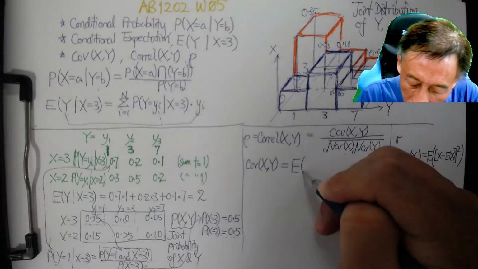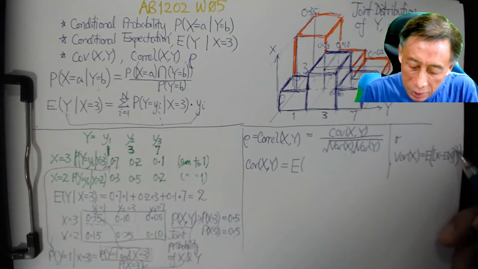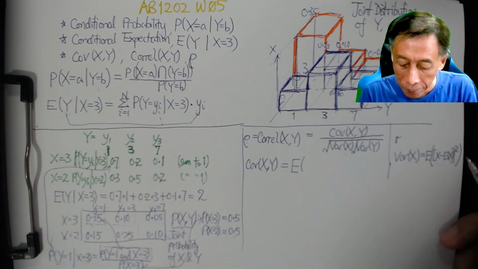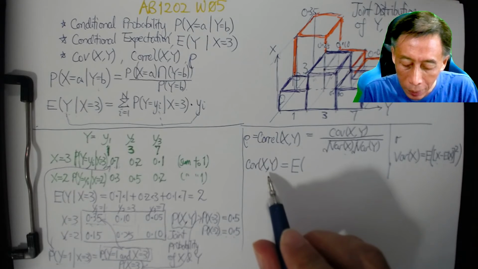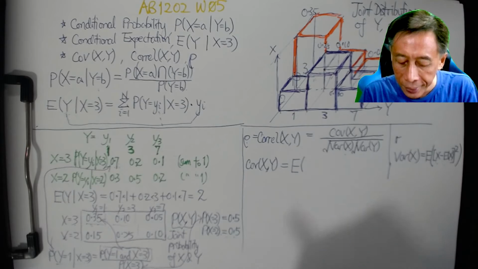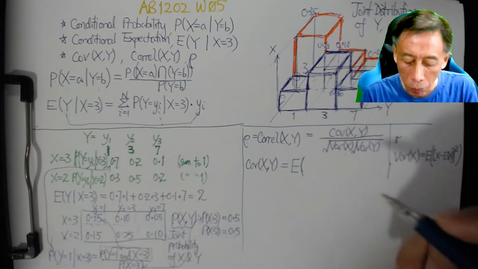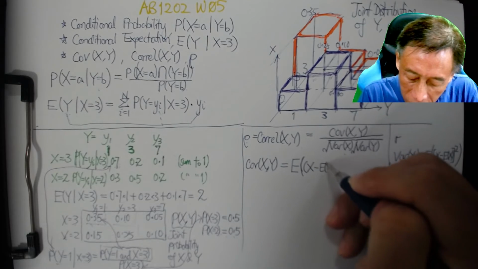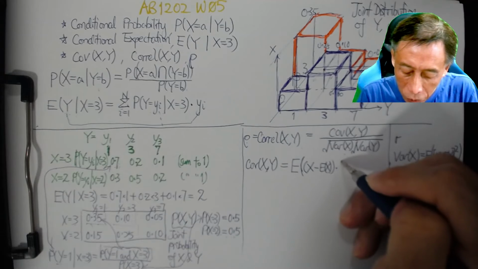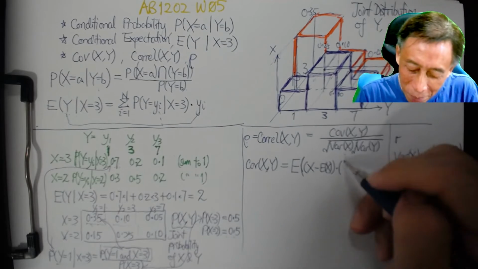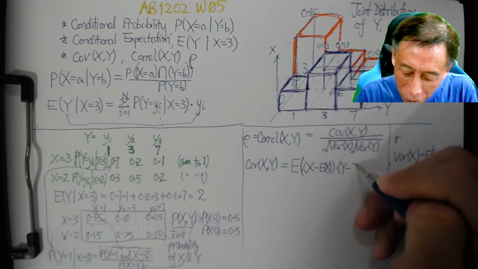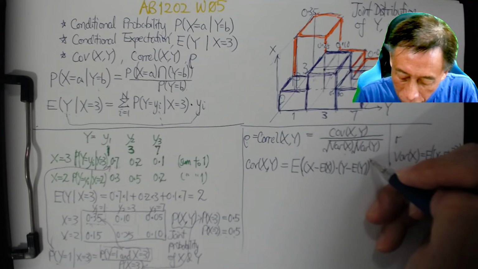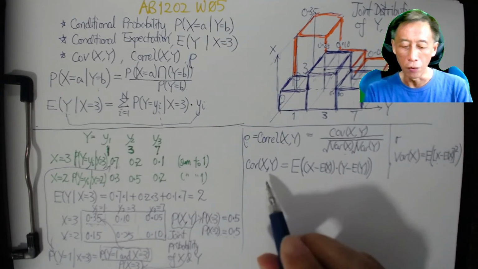So expected value of, you see the variance is the square, which means two copies of x minus e of x multiplied together. And if we are to replace x with x and y, then it makes sense to say that we want the expected value of one copy made up of x minus e of x, and we multiply by another copy made up of y minus e of y itself. So that's the raw calculation definition for covariance.